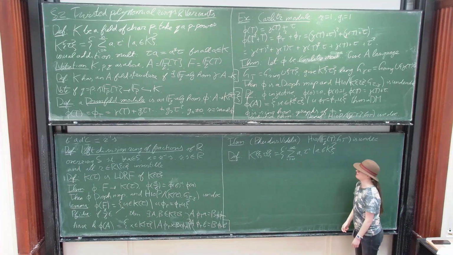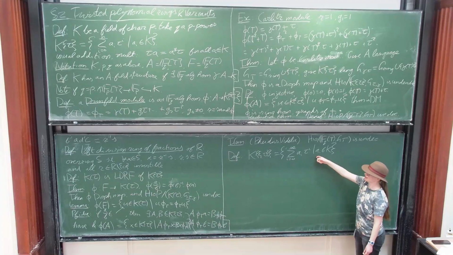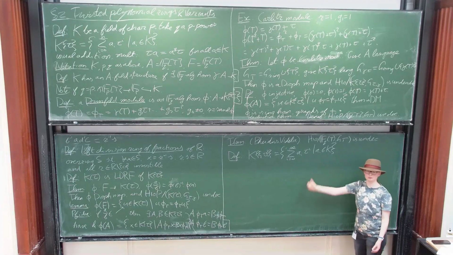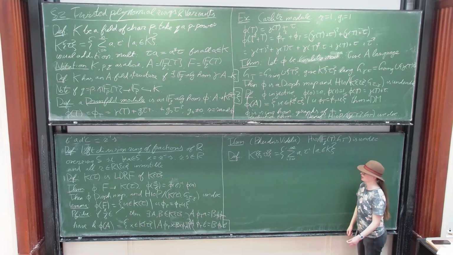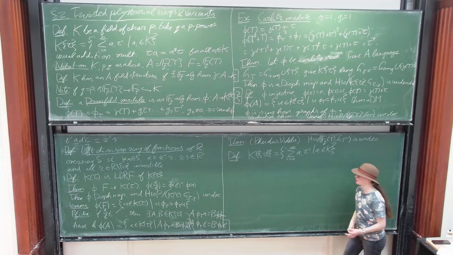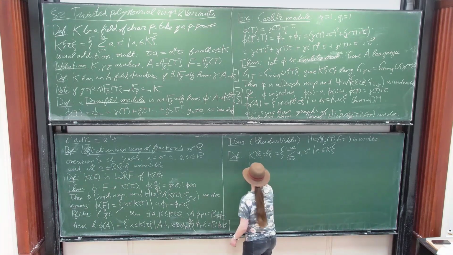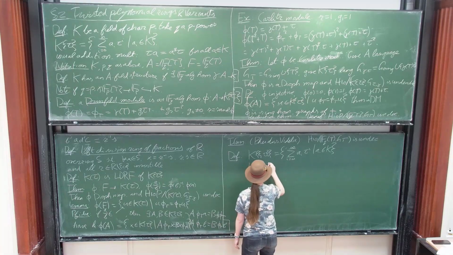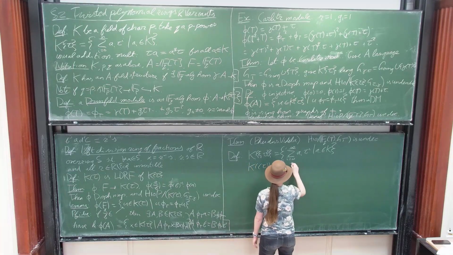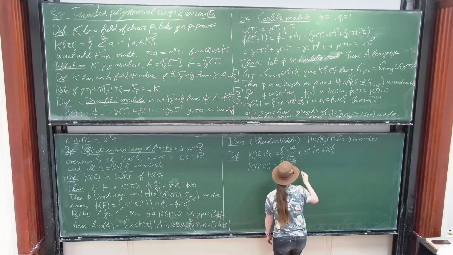And this still has the same multiplication rule, which we can extend linearly again, and that just gives us nicely a ring. And the same for the Laurent series. But now we can start at some arbitrary integer n.